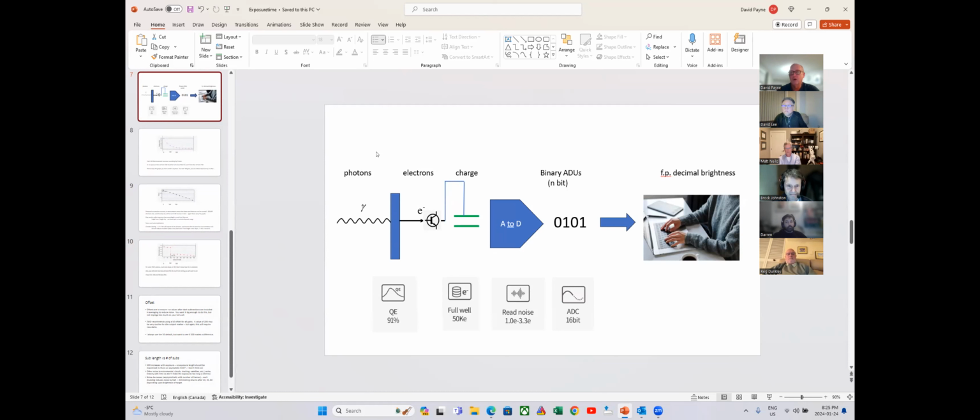Now for each combined pixel, if I'm just adding two pixels together, I'm getting twice as many photons, which means twice as many electrons, but I also have two of these accumulators. So I'm gaining my capacity to save charge.